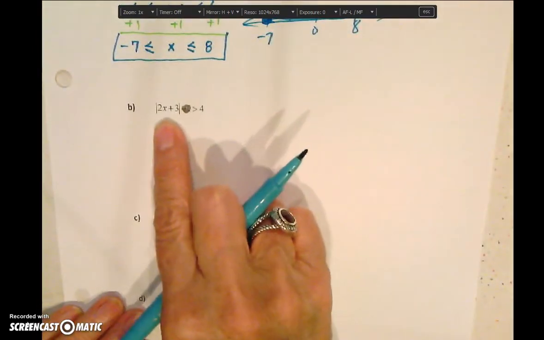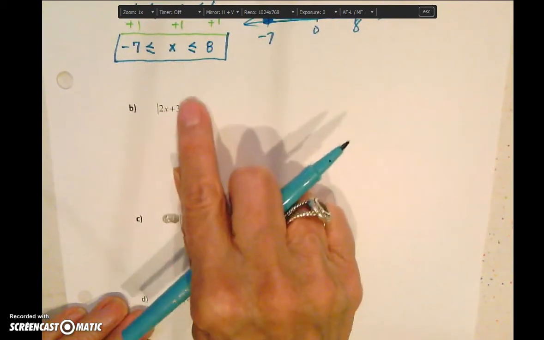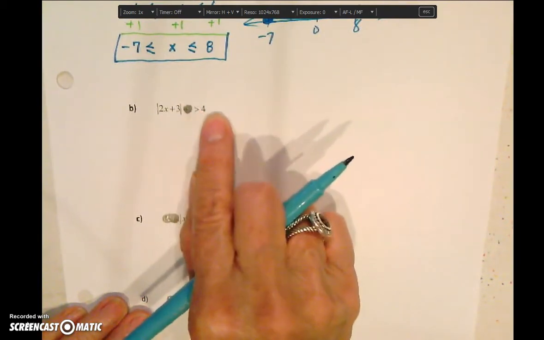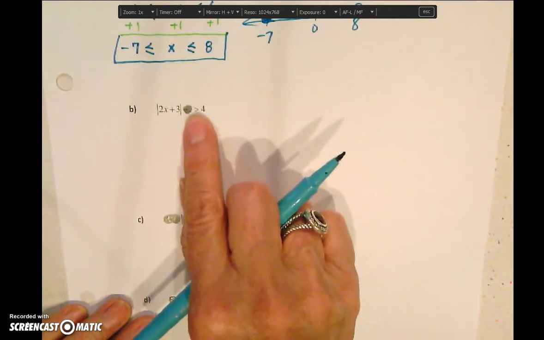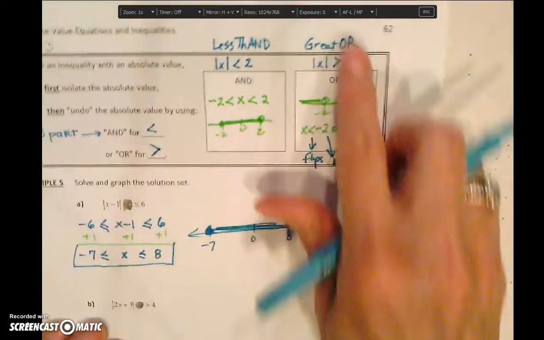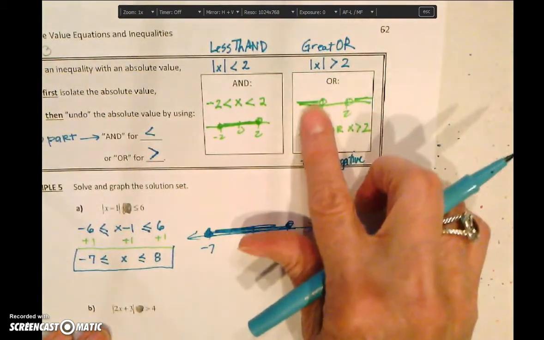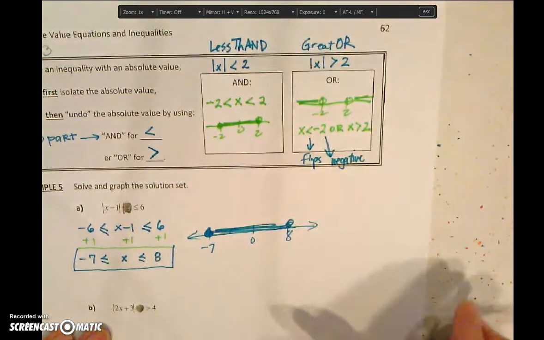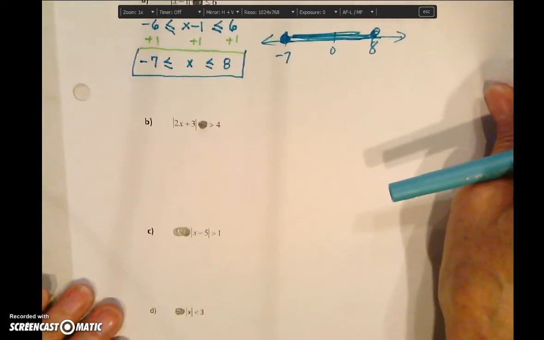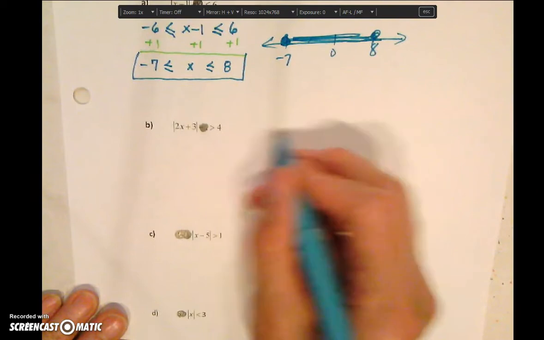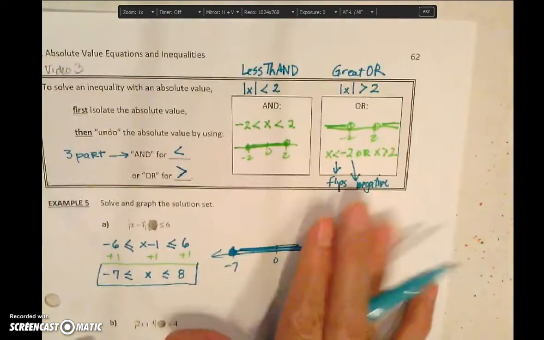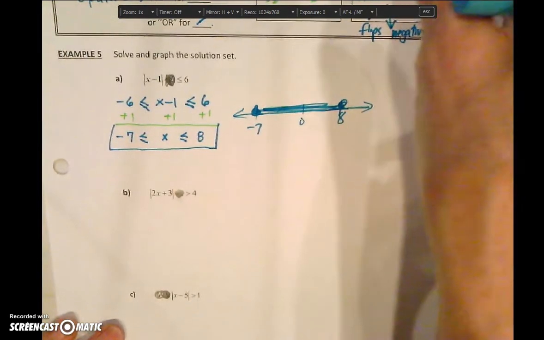I have the absolute value of 2x plus 3, again, I took part of it out, is greater than 4. So to work that, I notice that it's a greater than, and I come up here. Remember that a greater than looks like this. So I'm going to come down here, and I'll sketch the graph, kind of a beginning graph. It's going to look like this. But I'm going to now do this.